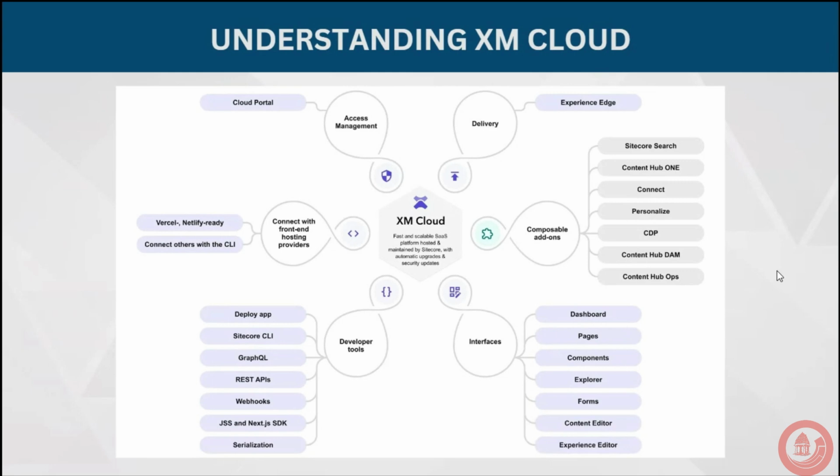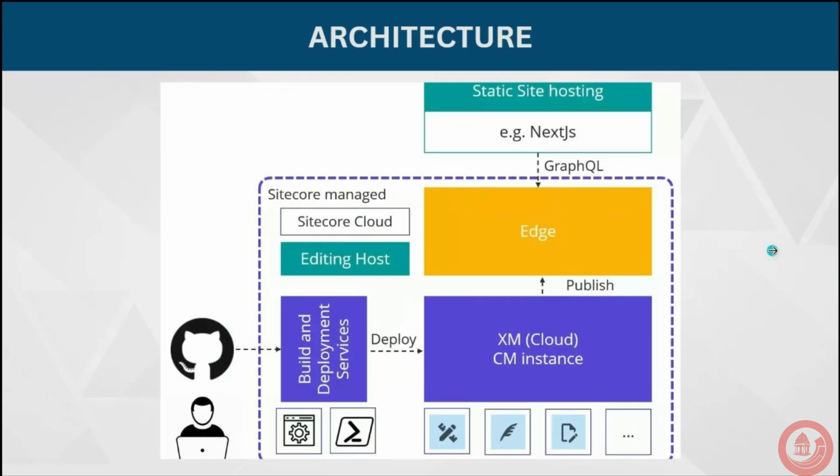This diagram shall give you an overview of how the build works and the overall architecture of XM Cloud. On the left hand side, if you see on the image, there's a developer. He checks his code into his repository, and then the build and deployment services are used.